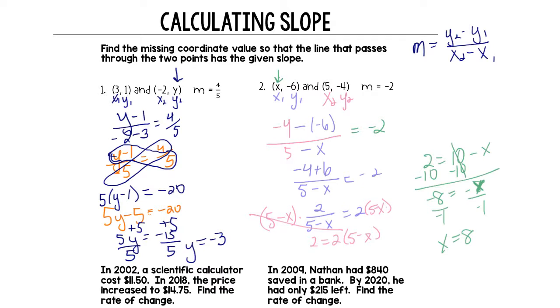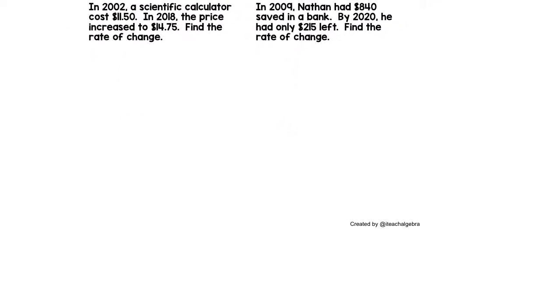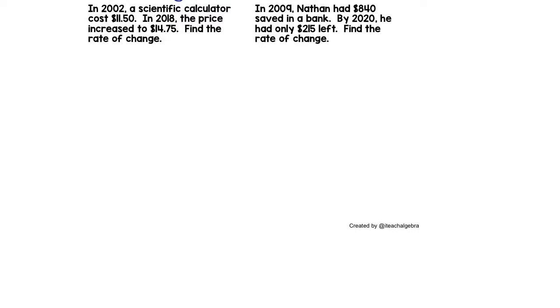Last little bit here we're going to do with slope are a few word problems. In 2002, a scientific calculator cost $11.50. Well, in word problems, time will always be the X value.